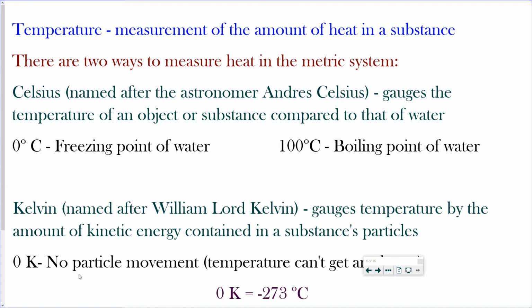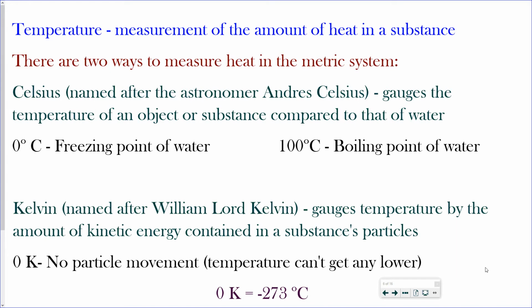And then we've got the Kelvin. Kelvins are used to gauge the temperature related to the amount of kinetic energy contained in a substance's particles. So think about particles as atoms, and that they are always in motion unless you reach the temperature of 0 kelvins.